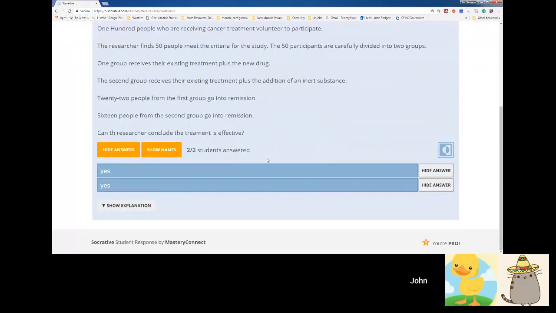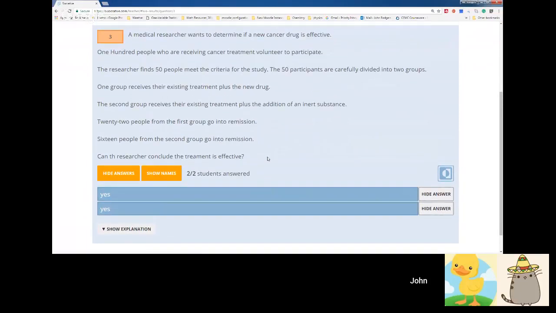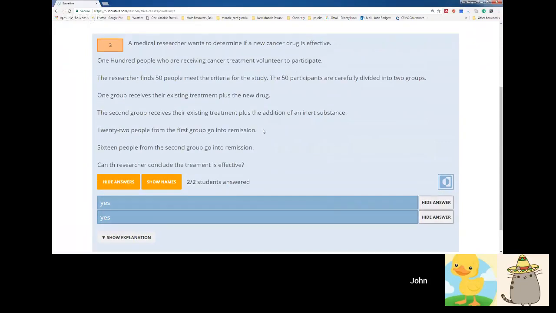The actual answer is that the sample is very small. So 22 are going into remission with the treatment, 16 are going into remission without the treatment. It looks better, but this could actually be due to randomness.